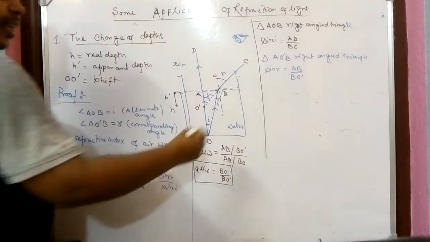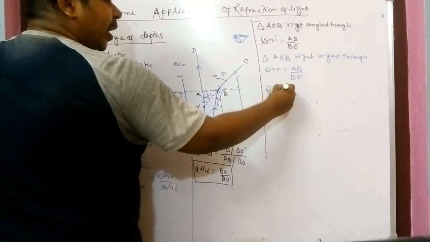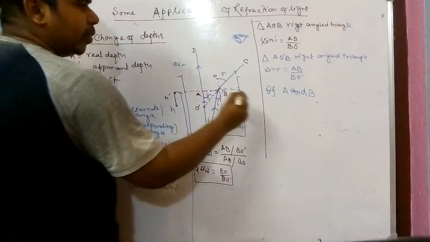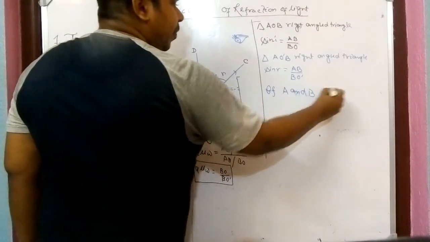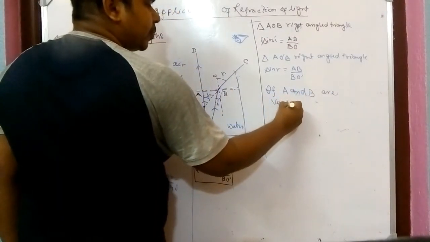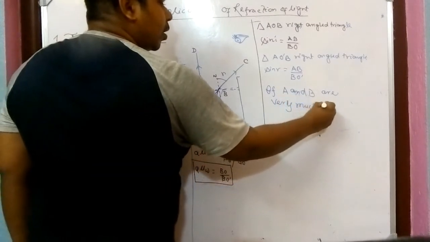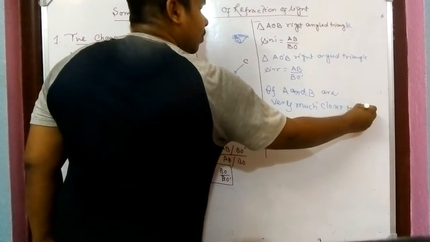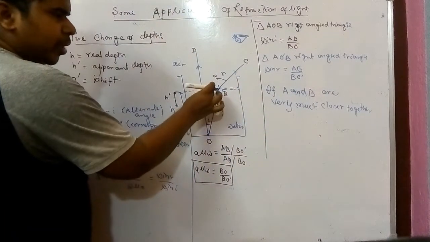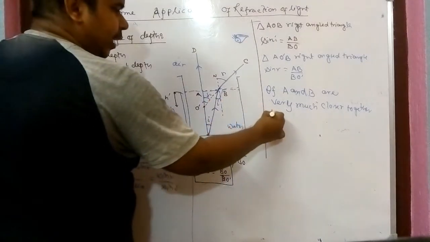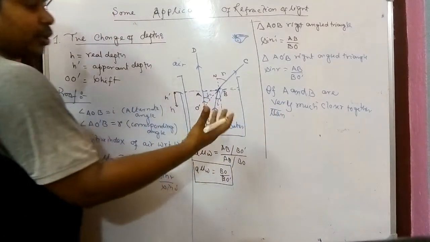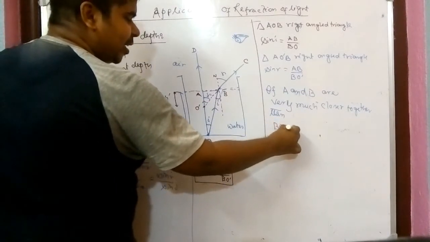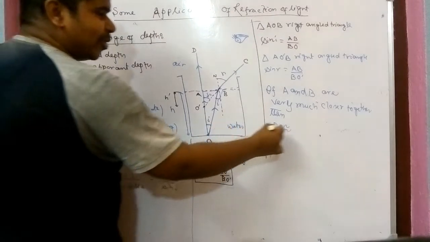So the trick is, if A and B are very much closer together, then we can conclude that BO is nearly equal to AO.